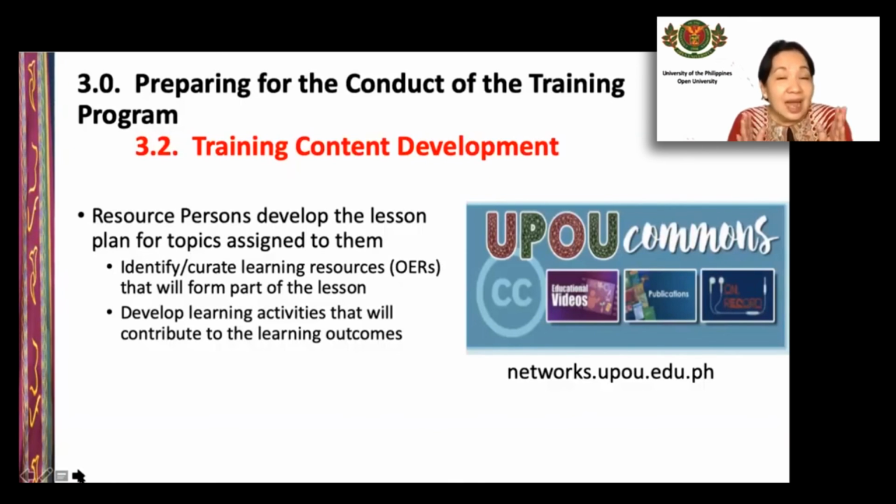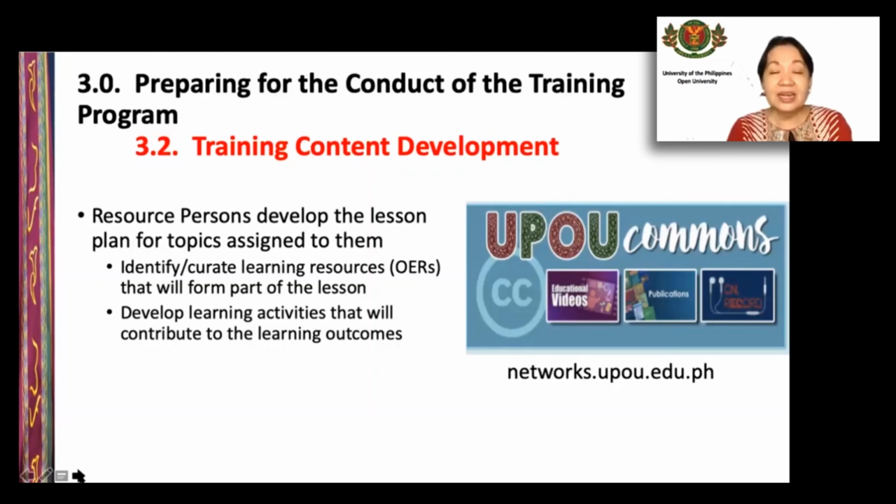We have to note that in the time of COVID-19 pandemic, it is highly possible that our training program will also be online. So and even if it is the blended mode already, that there will be the face-to-face session, then it will also be useful for us to use the resources that are already available online. And there are many.